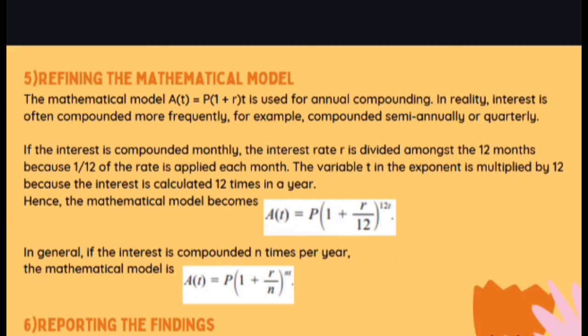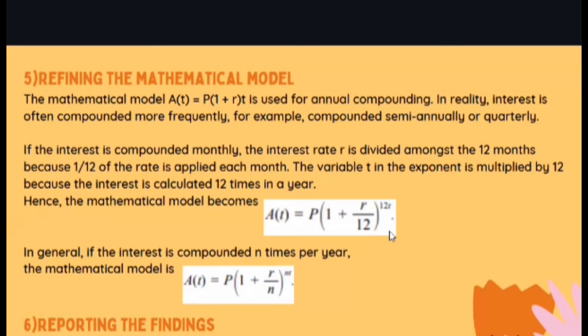If the interest is compounded monthly, the interest rate R is divided among the 12 months because 1/12 of the rate is applied each month. The variable t in the exponent is multiplied by 12 because the interest is calculated 12 times in a year. Hence, the mathematical model becomes A_t equals P(1 plus R/12)^(12t).